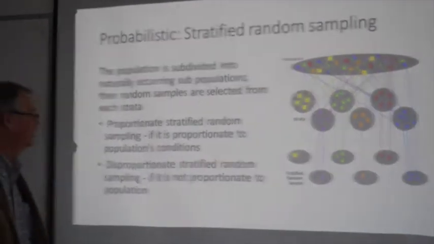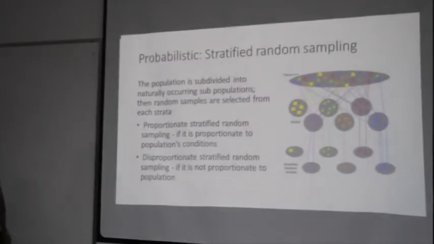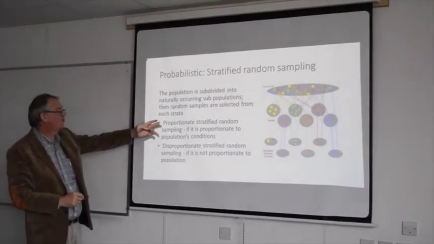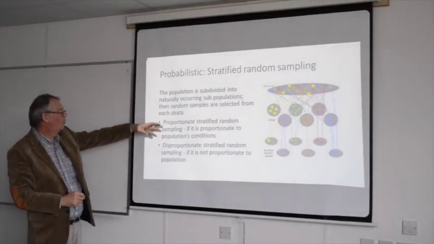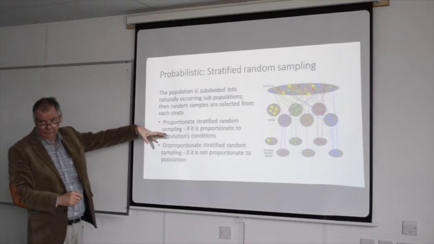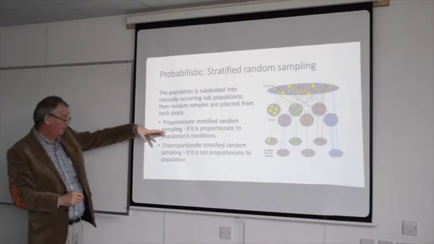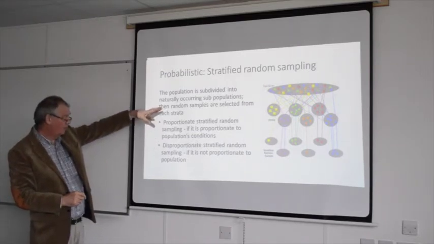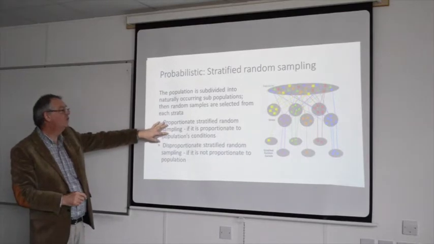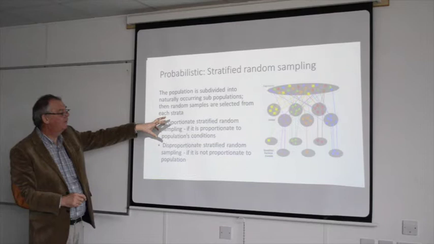By stratifying it, there are two ways of doing this. One is proportionate stratified random sampling. If it's proportionate to the population, you have these naturally occurring subpopulations, and you take random samples from each stratum, in proportion to the number of members of it.